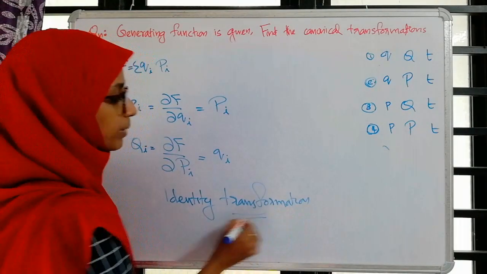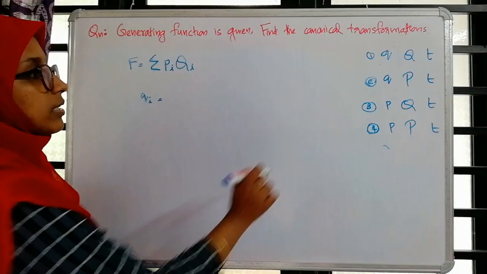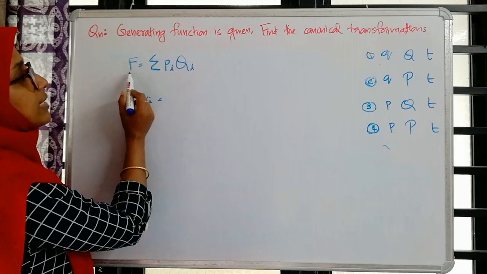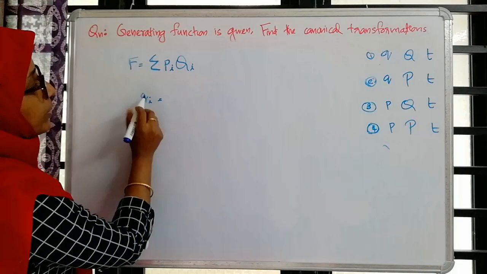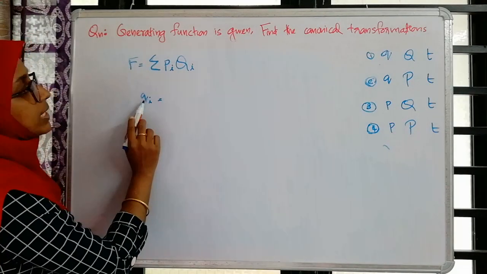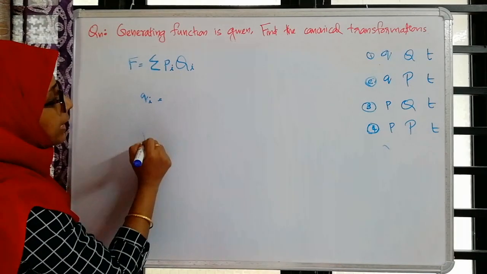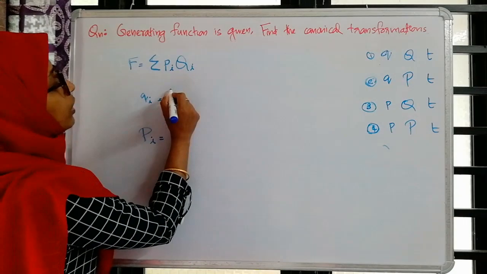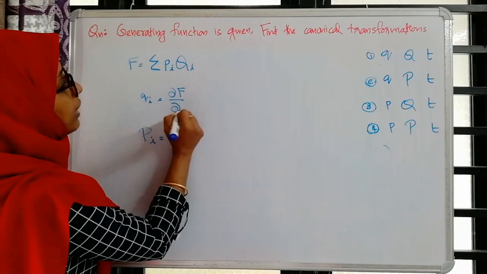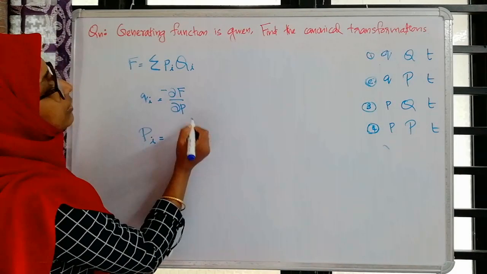Consider the third generating function, that is f is equal to pi Qi. And the transformations to be derived are small qi and capital Pi. Small qi is equal to dou f by dou pi with a minus sign.